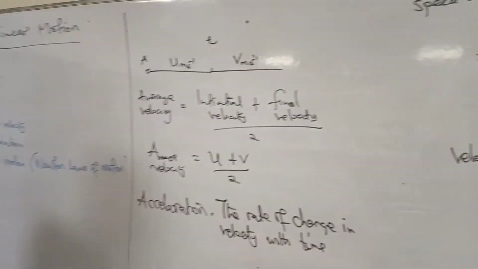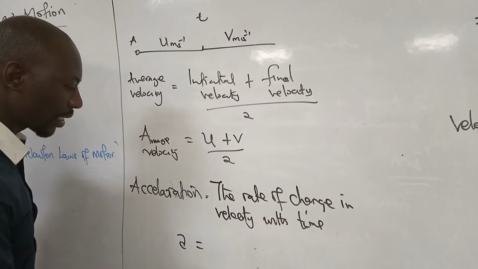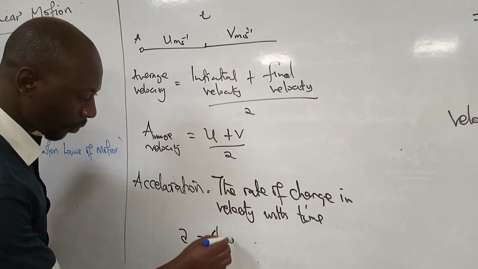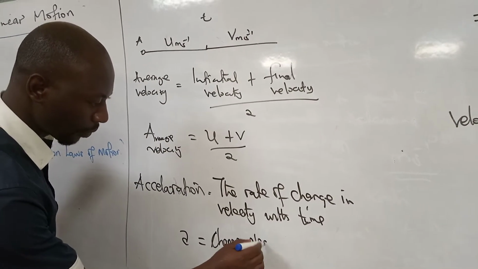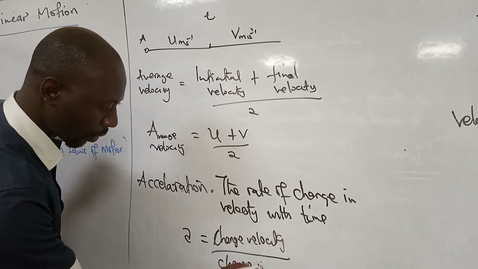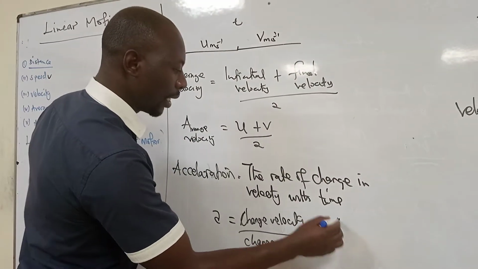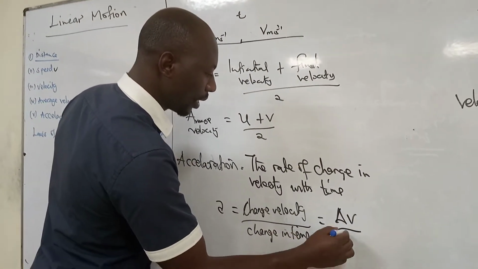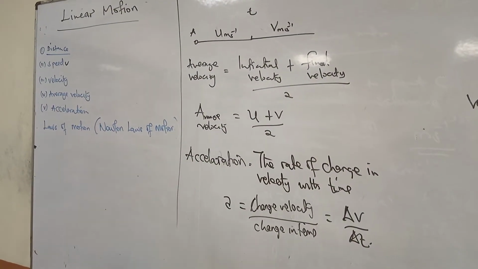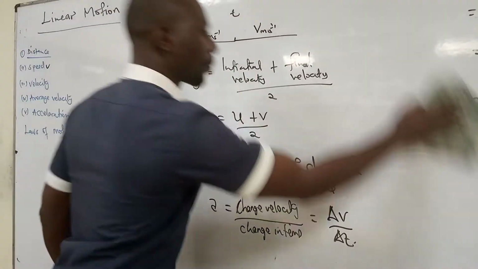So from this definition we can get that acceleration, let's use symbol a to define acceleration, is given as change in velocity over change in time. Change in velocity over change in time, which can be noted as dv over dt. Okay, let's proceed.